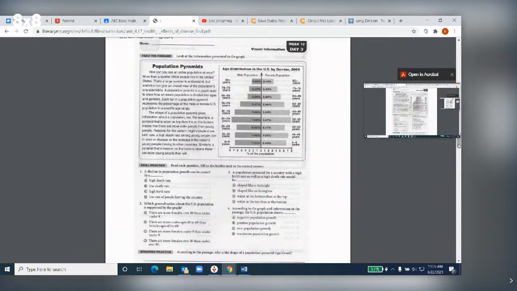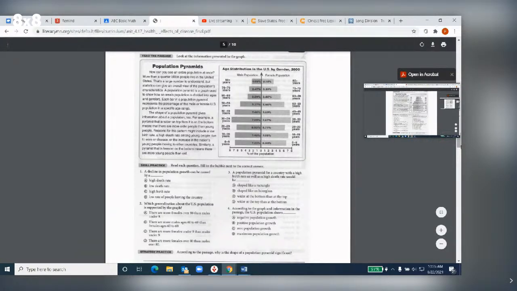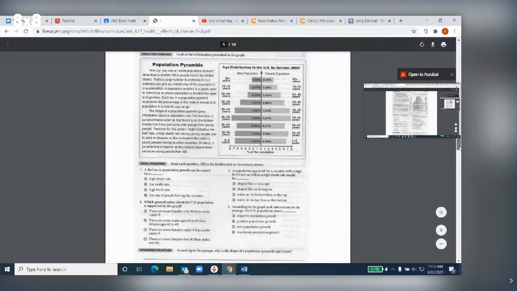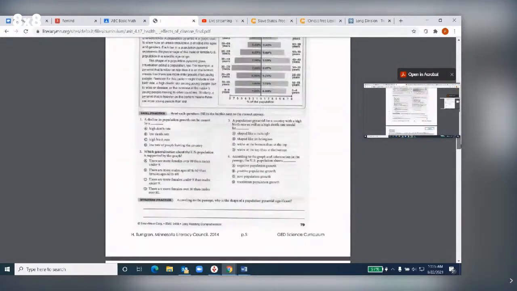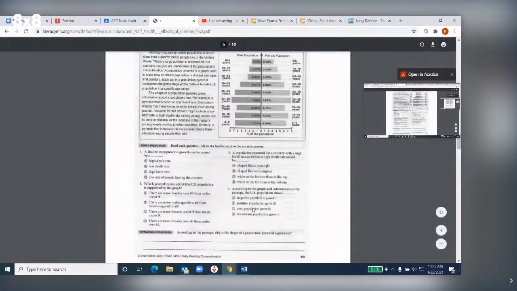Maximum, I think maximum would be all the bars would be the same. So it's going to be positive or negative. And which one do we think that is? So we're going to go down here and look. And 4 would be B. So 4 is positive population growth.